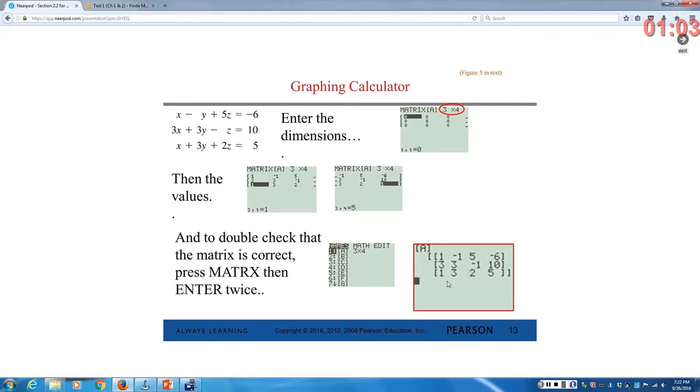Oh, no, you've got two of them there. See? Hit enter. Oh, there you go.